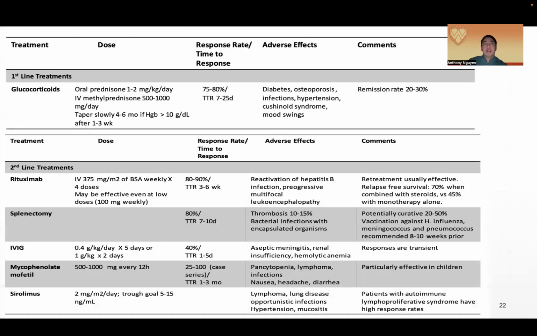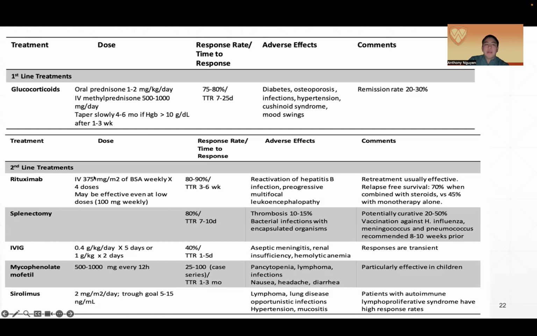So here's an outline of the first and second line treatments. As we mentioned, glucocorticoids or steroids are typically our first line. Typically, we try oral steroids initially so that patients can be sent home on oral steroids. However, there are many adverse effects from steroids, including diabetes, osteoporosis, infections, hypertension, Cushingoid syndrome, mood swings, and the long-term remission rate is only 20 to 30%.